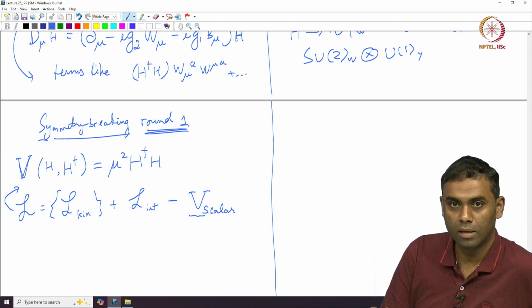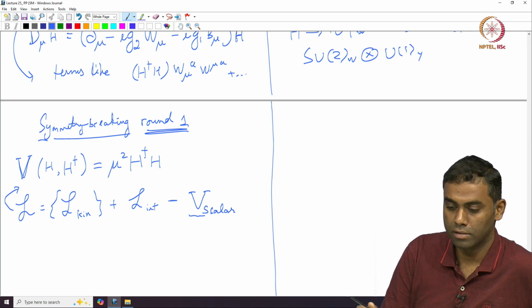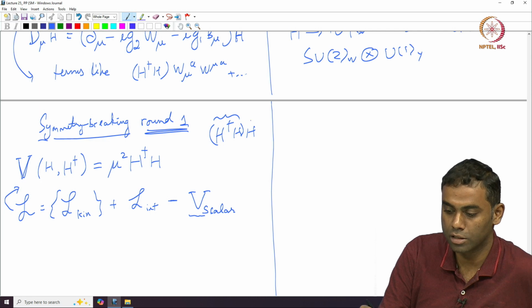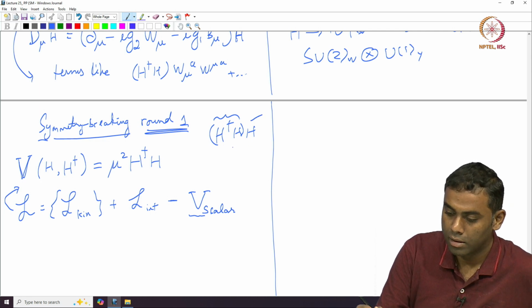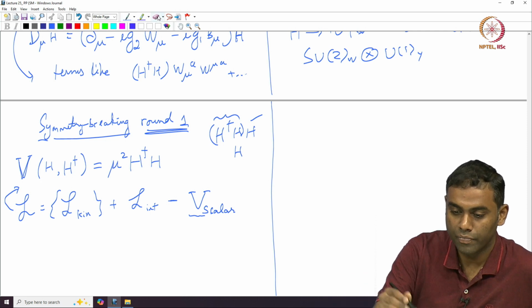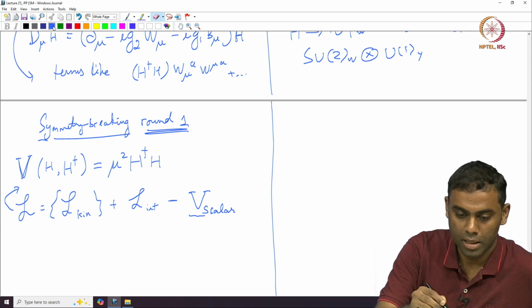Can I write a cubic term if I want to satisfy the symmetries? I can't. So, a cubic term would look like this. Now, this is SU2 invariant and this is not, correct. Similarly, I cannot write just a linear term, correct, but we are going to see in what sense we actually can write such terms. Okay.